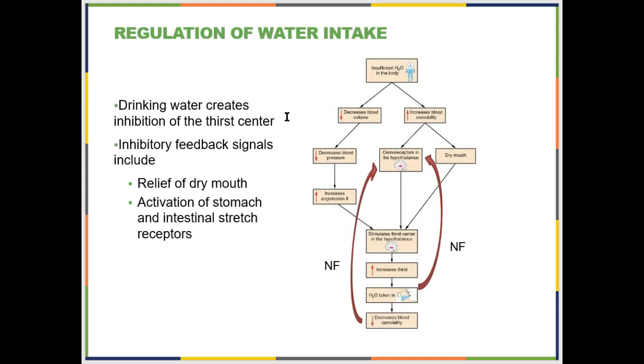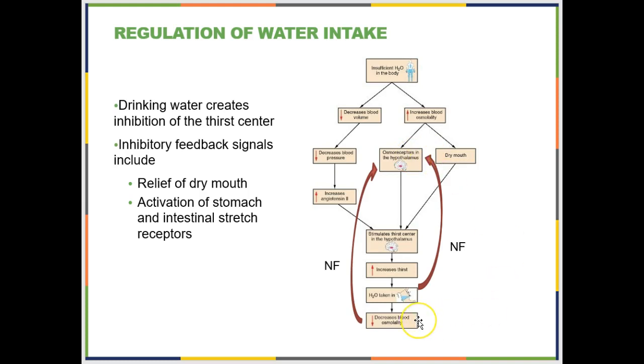Then the other thing I want you to know is how the negative feedback mechanisms work. And the important thing to note here is that the first point at which you get negative feedback is when your mouth is no longer dry and when your stomach starts to distend. So this tells the body early on that you're drinking water and starts to shut off the thirst centers in your hypothalamus.